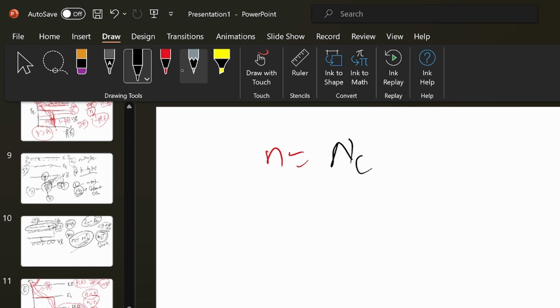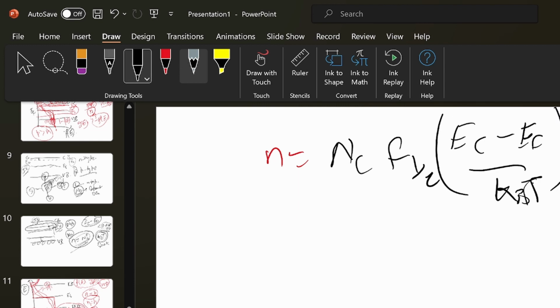So if we do that, it was Nc into F 1 by 2, it is Ec minus Ef by kBT.